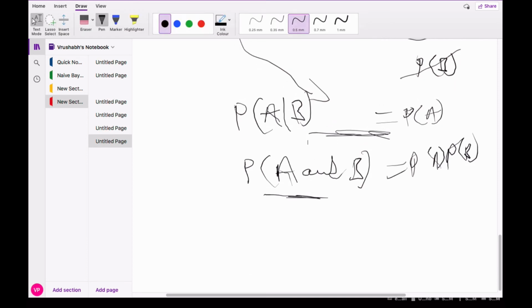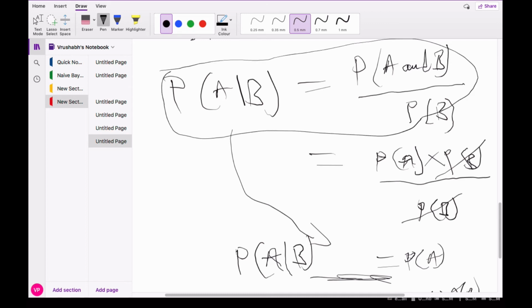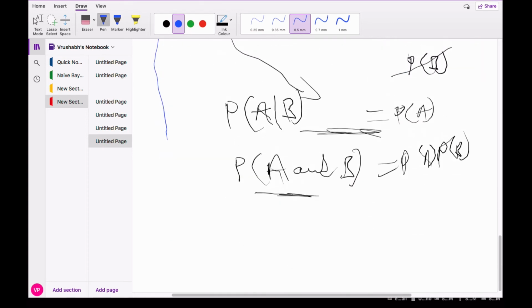Okay, so now let's take it one more step and see where the naive Bayes actually comes in. Now let me pick this same equation and bring it down. Let me make it blue here. I'm going to take this whole equation all the way down, so let's go there and write it.